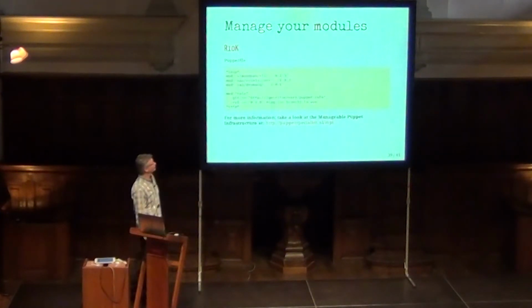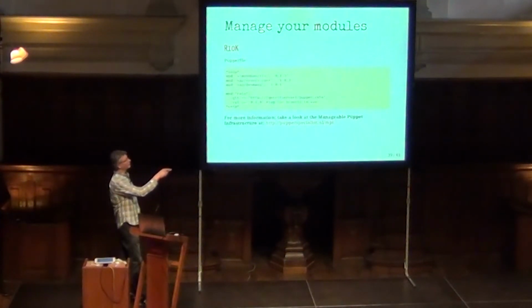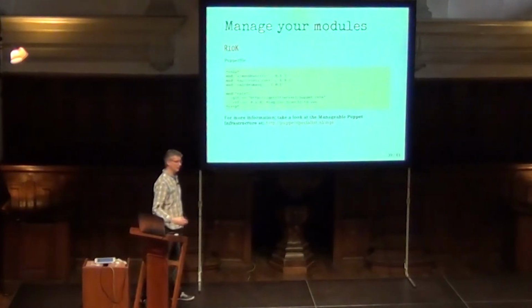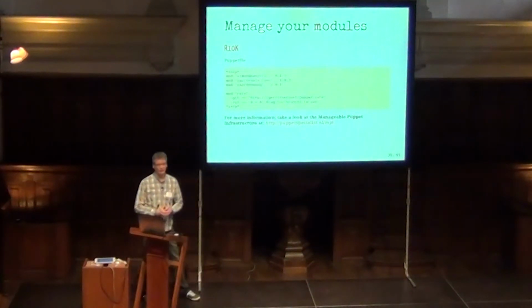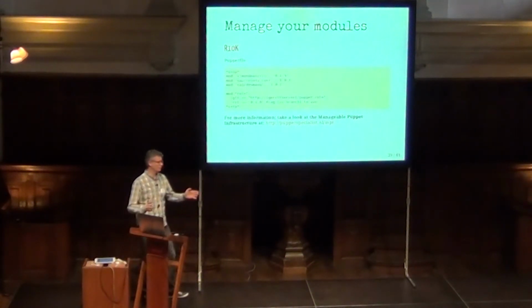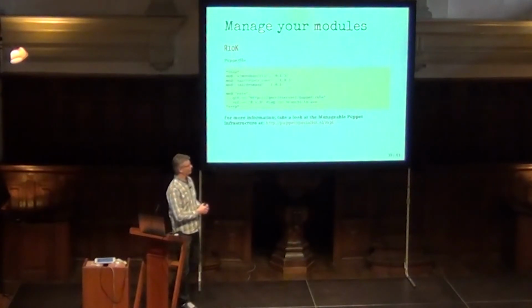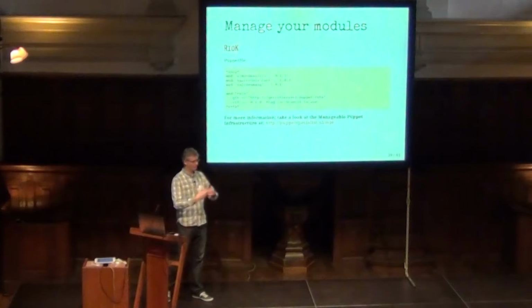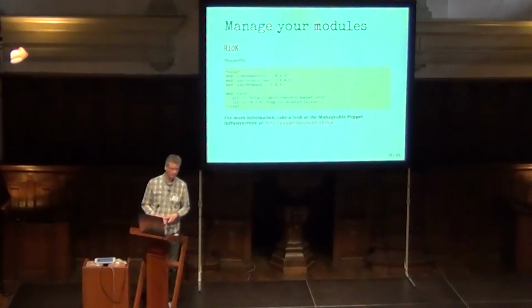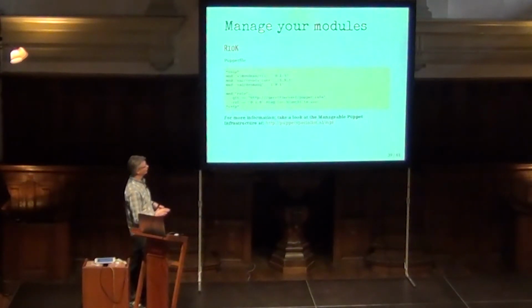Here's a little snippet of how it works. This is the Puppetfile. You just put mod and then the module name and the version in a list, and it will connect to the Puppet Forge and download it. If you're in a secure environment, you can also clone the Puppet Forge, so have your own version of the Puppet Forge and make it download the modules from there.